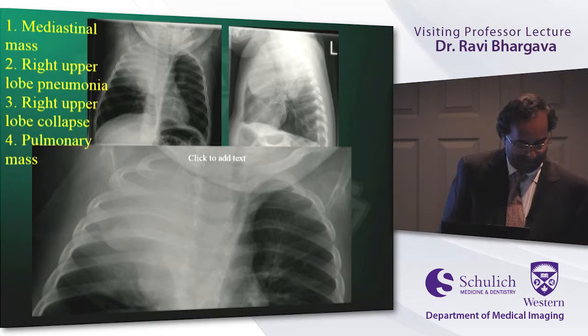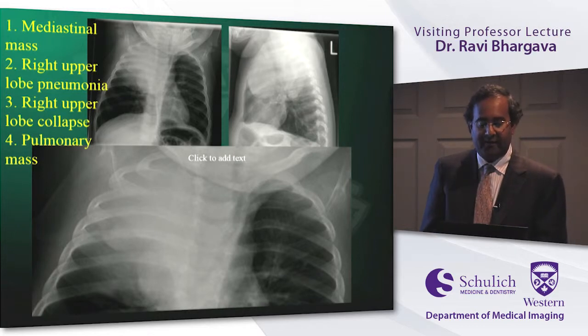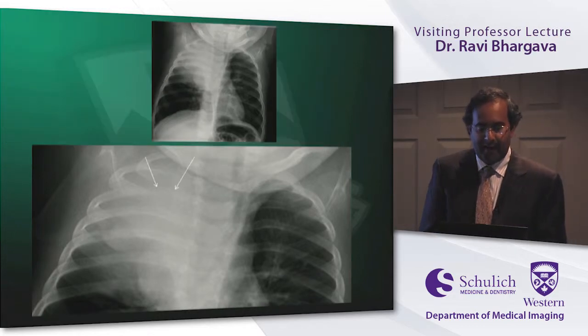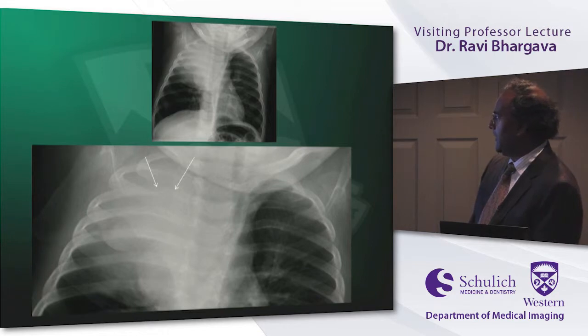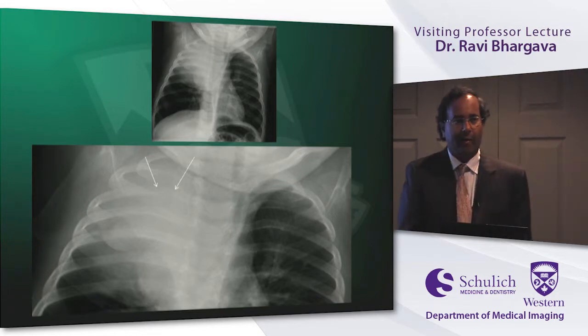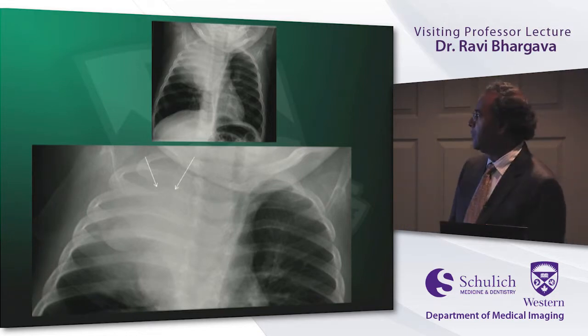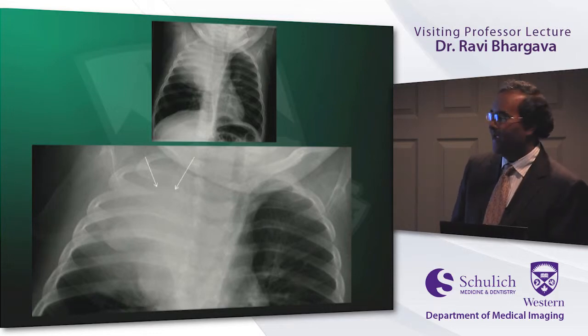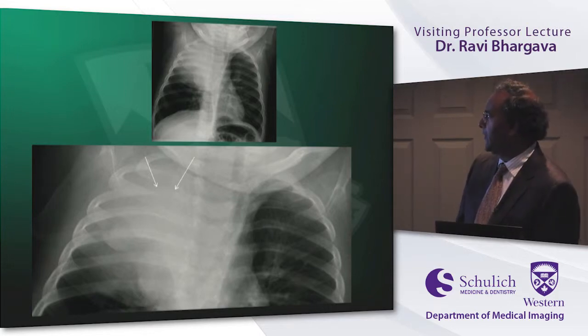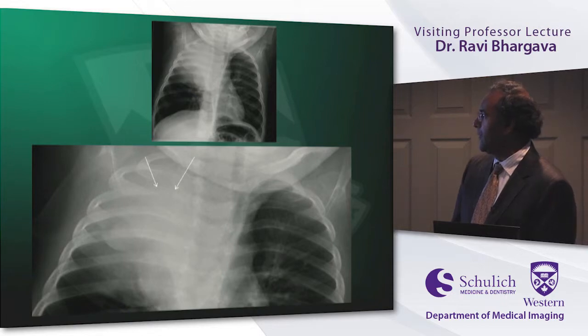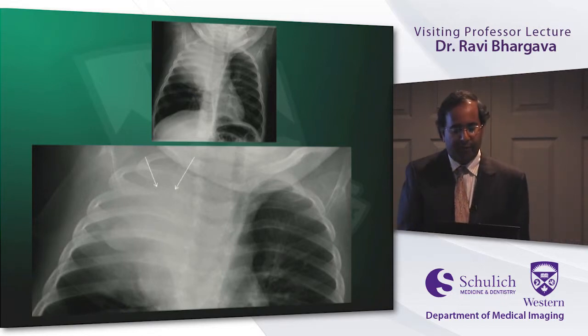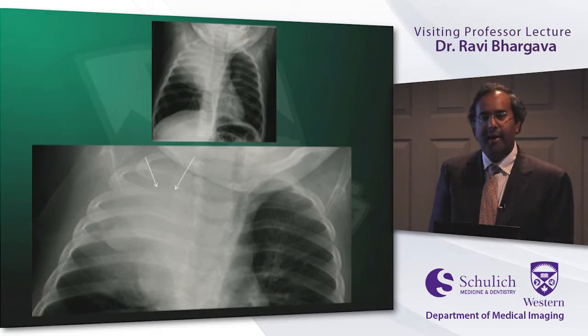Okay, so let's see. The most common response was mediastinal mass, and that is correct. If we look at this, the key finding here is the presence of rib changes. You can see that there's indistinctness and erosion of the undersurface of the right third rib. There's a little bit of scalloping of the undersurface of the right fourth rib.